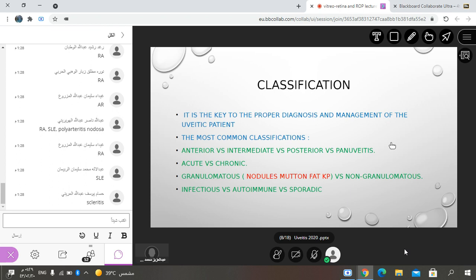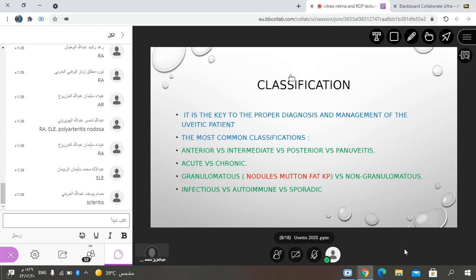There are different types of scleritis, but this one results in what's called scleromalacia perforans, a very severe scleritis resulting in perforation and eating of the sclera. This is associated with rheumatoid arthritis.